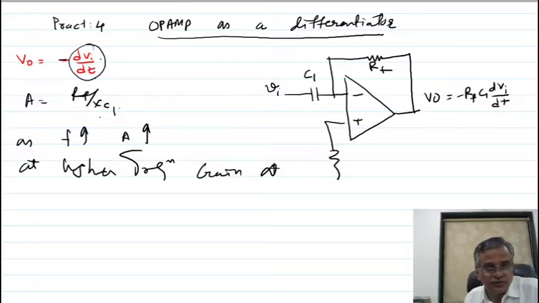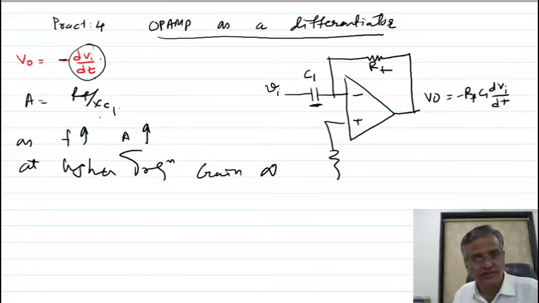Stability of the circuit is reduced at high frequency in this basic, or ideal, differentiator. Now, the second problem: as the frequency increases, the reactance of C1 decreases, so input impedance decreases, and as input impedance decreases, the circuit becomes very sensitive to noise.